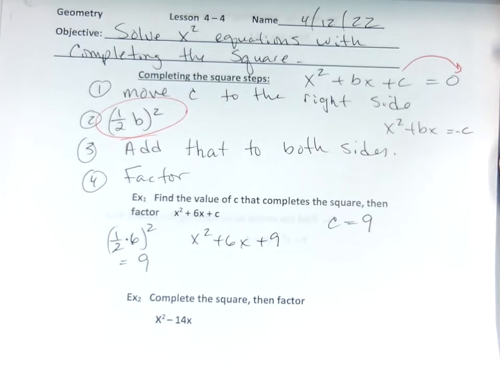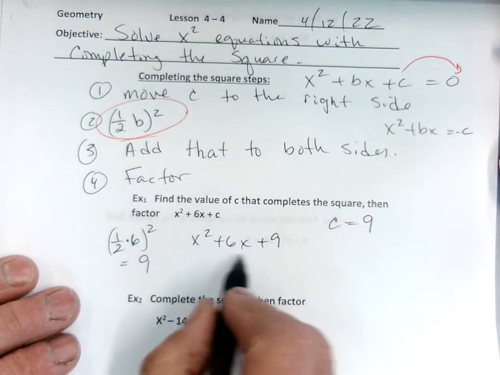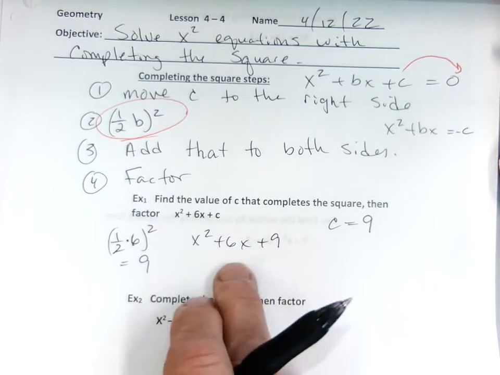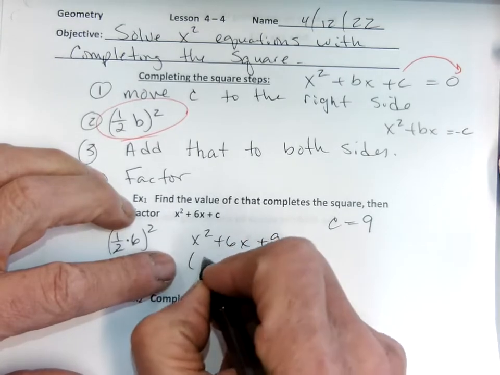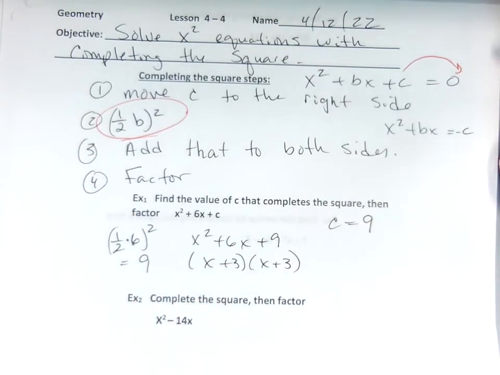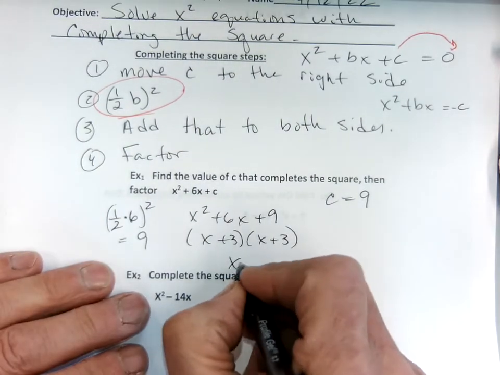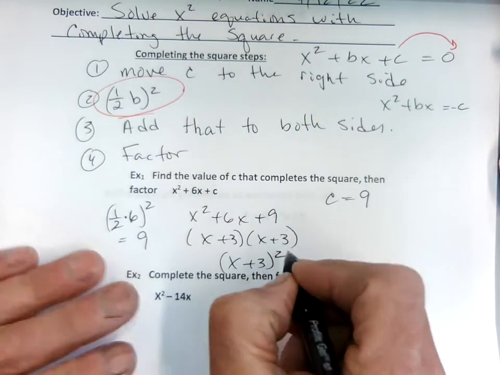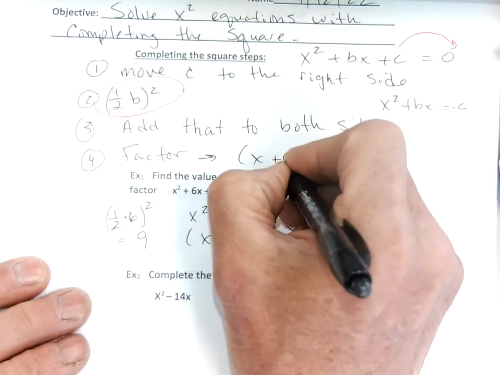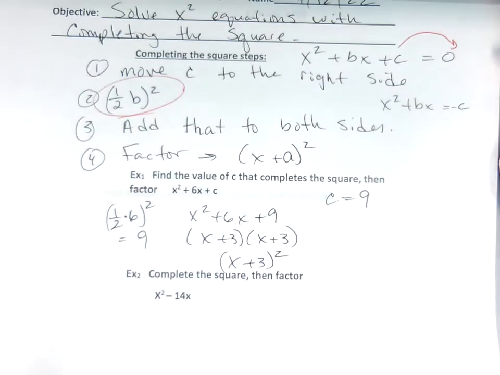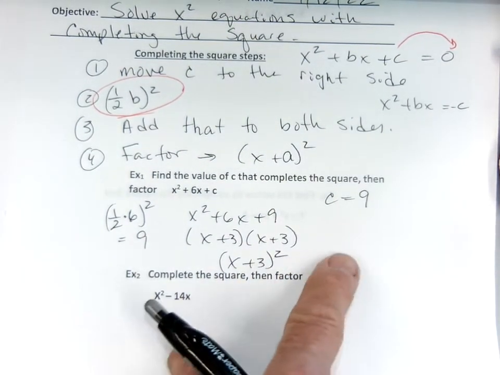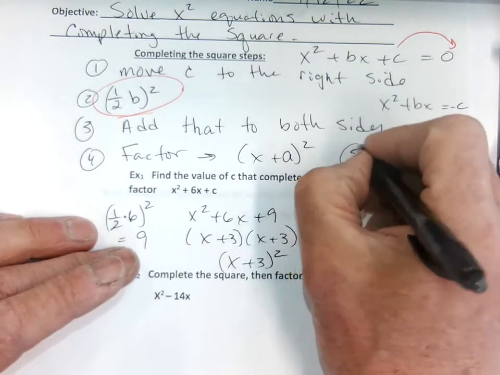I can factor this. In fact, we've done this twice already today, the exact same problem. We know that's going to factor into x plus 3, which becomes x plus 3 quantity squared. And then I like to rewrite it as x plus a, any number squared, and that's what we have. And then the fifth step, which we don't have to do in number 1 because there's no equal sign, would be to solve.